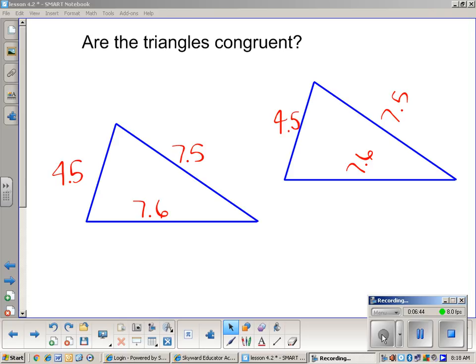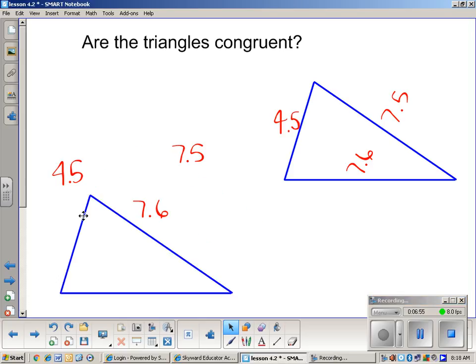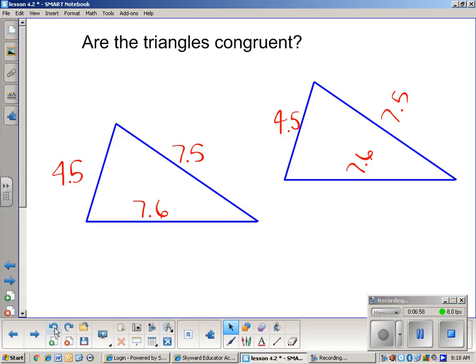Okay, so the three sides on the triangle on the left are the same as the three sides of the triangle on the right. All right? This length here is 4.5, and over here we have a 4.5. This length is 7.5, and over here we have a 7.5. This length is 7.6, over here we have a 7.6. So we have the three sides of this triangle on the left equal to the three sides of the triangle on the right.